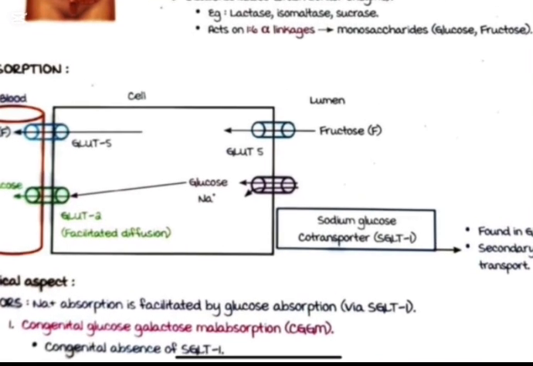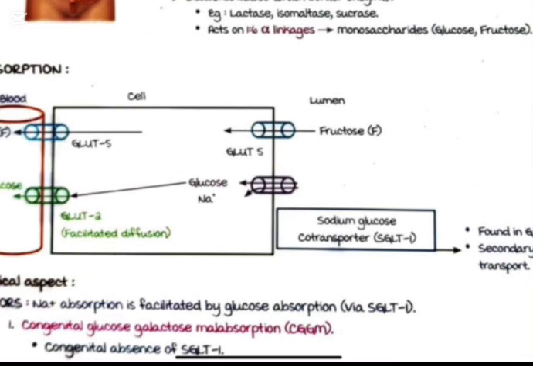Absorption. This is a blood capillary and an adjacent intestinal cell. On the lumen side, you can see transporters like GLUT5, which is for the transport of fructose. And on the capillary side, you have GLUT2 and GLUT5.